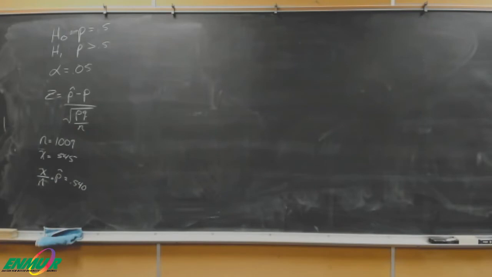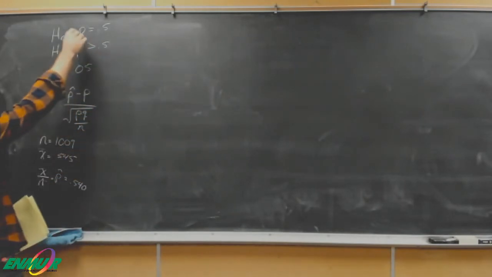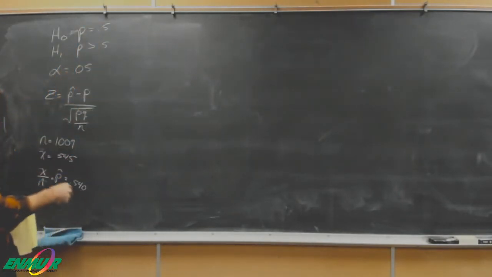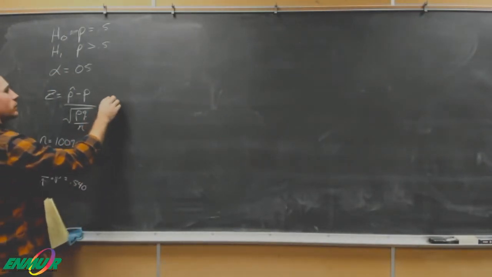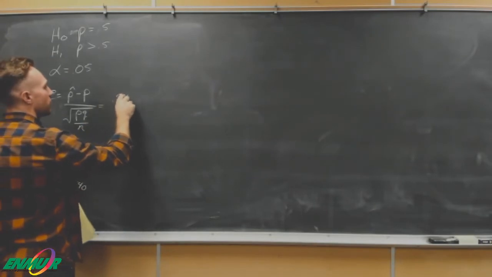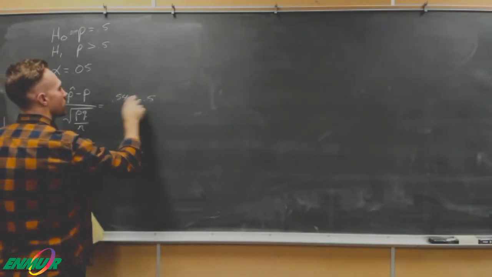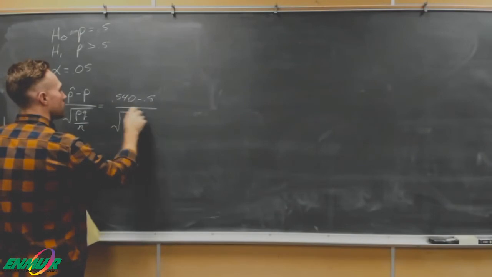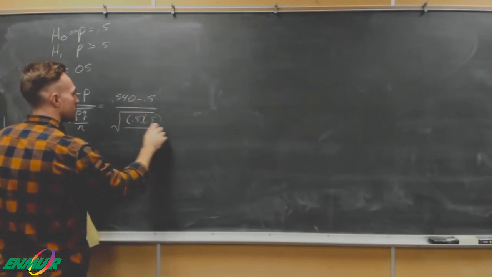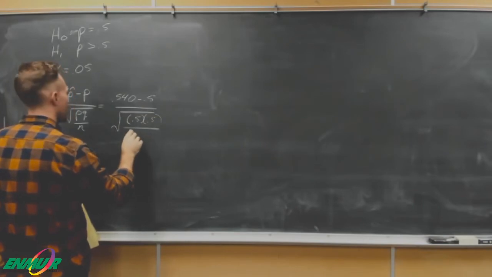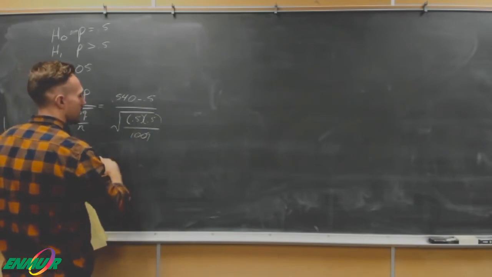We already know what p is. We have identified that p is equal to 0.5. q is 1 minus 0.5, so 0.5. So we can go and crunch all of this. So we've got 0.540 minus 0.5 divided by the square root of 0.5 times 0.5 divided by n, which is 1,009.